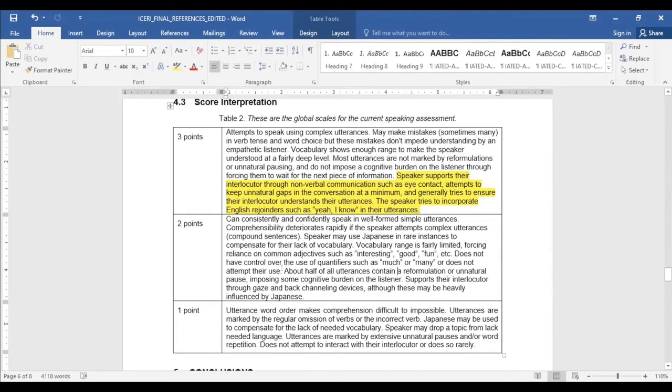If we look down at number 2, one moment, I'm going to highlight this. Gaze is a big one, where they're trying to use eye contact, and they'll use back channeling, but usually that's based on what a Japanese speaker would do.